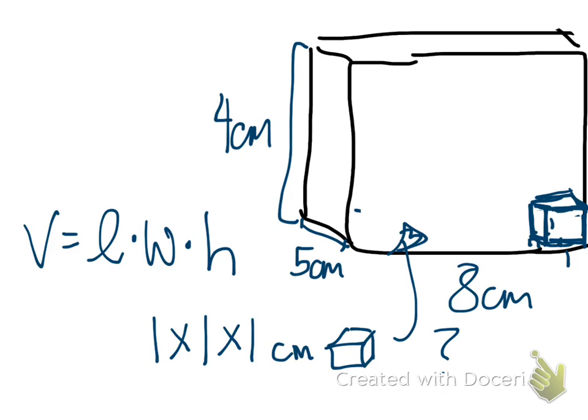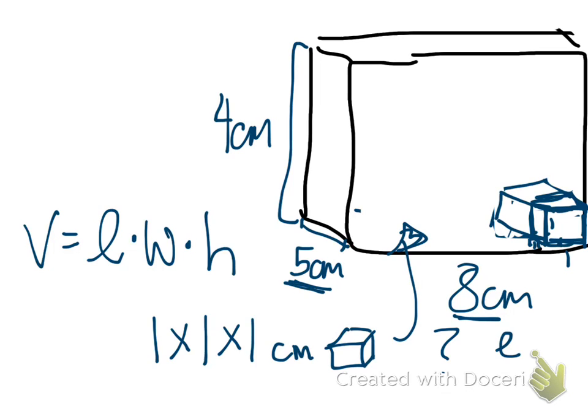Because if you have a bunch of 1 inch blocks going across, if they're all 1 inch, that's going to be 8 inches, right? And that's my length. And then if they're going back across my shape in terms of depth, it's now 1, 2, all the way until it gets to 5.